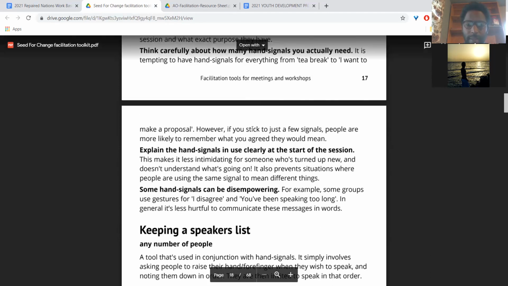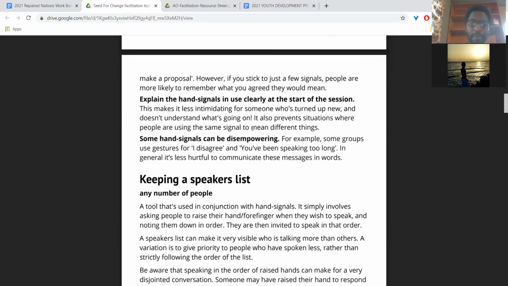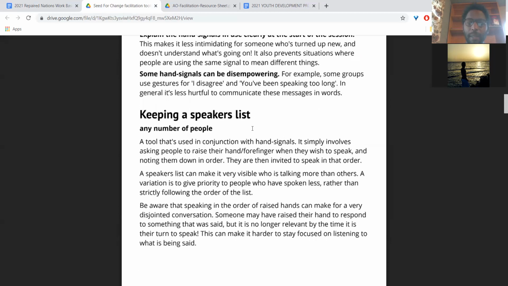One of the things we can do to make sure everyone knows they have a space to speak is keep a list of who's next, who's on deck. It's very simple: raise your hand, or whatever the signal is, to get on stack. That way everyone knows there's a certain process for speaking, and you just raise your hand or get on stack so you can get into the conversation.